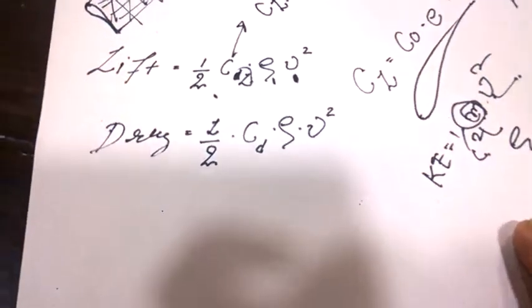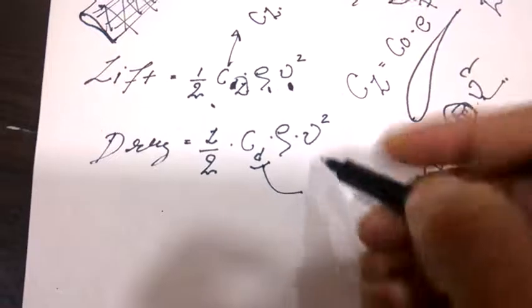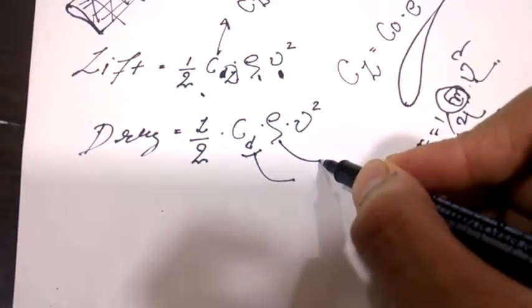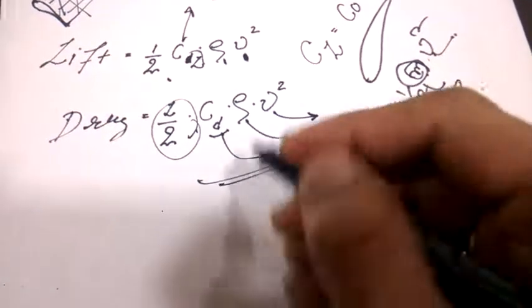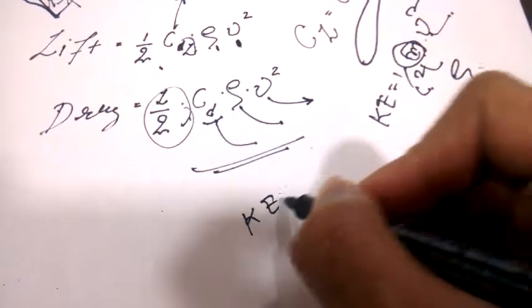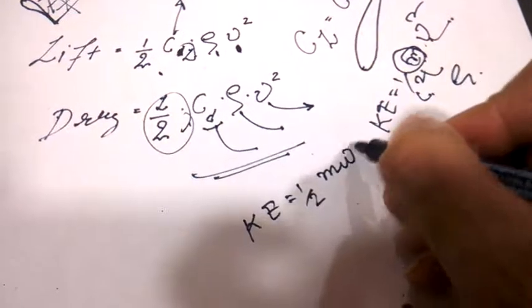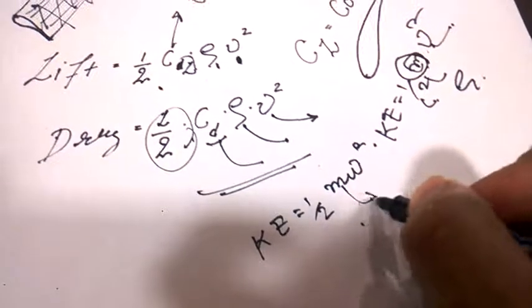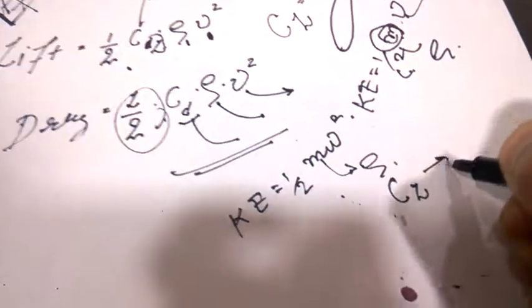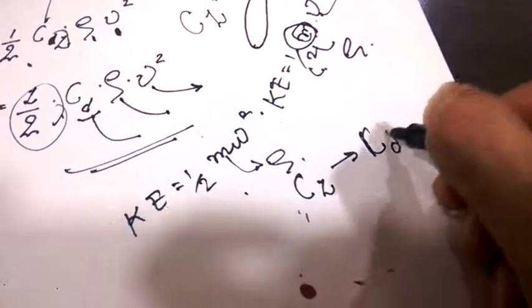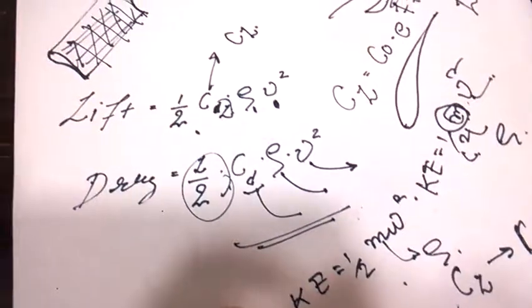Now the formula of drag force is also the same: 1/2 rho v squared Cd, where Cd is the coefficient of drag, rho is air density, v is velocity, and 1/2 is the same as in the kinetic energy, 1/2 m v squared. In place of m we are putting rho, in place of CL we are putting Cd, because it is drag.